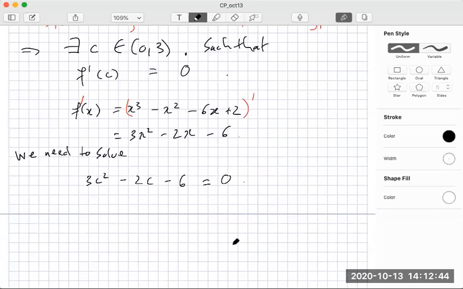So, can we do it quickly using some trick we studied before? Cannot, right? So, then we just use the formula. C1 and C2 will be minus B, right, the formula, plus or minus square root of discriminant, divided by 2 times A, right?